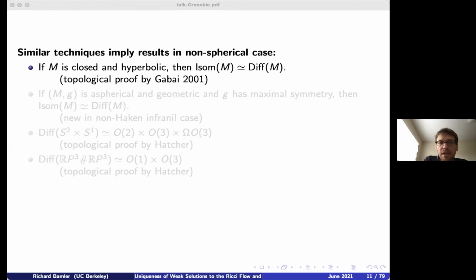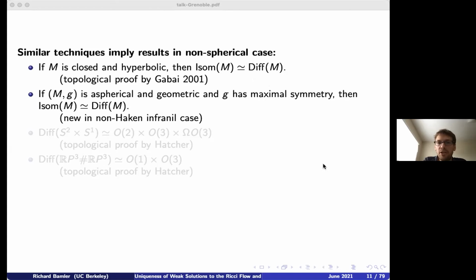For example, if we take a closed hyperbolic manifold, then we have the same statement, a homotopy equivalence, and this was proven by Gabai using topological methods. If M is spherical and geometric, so if it has a homogeneous geometry, then we have the same statement, and this has been proven in all cases but the non-Haken infranil case.